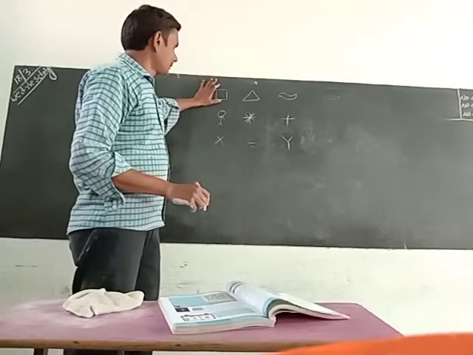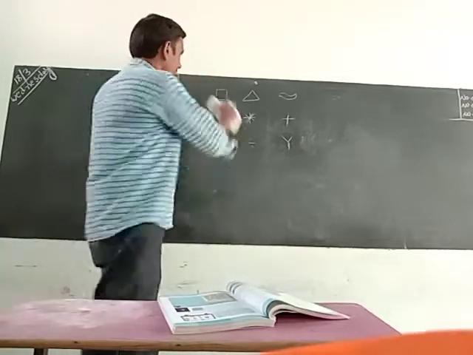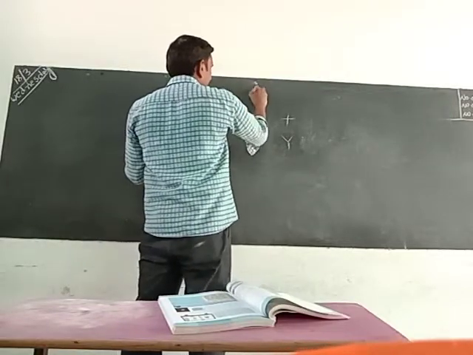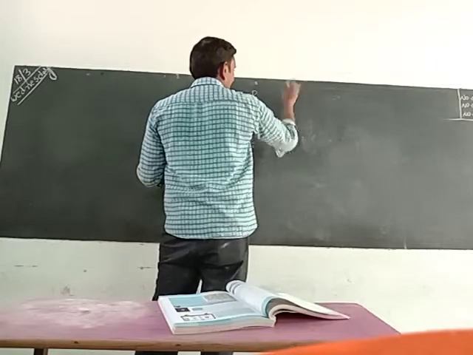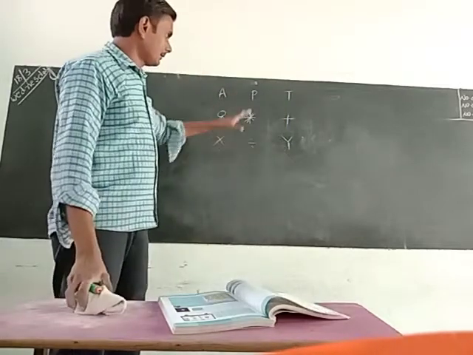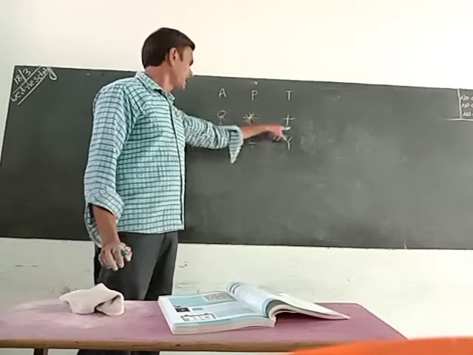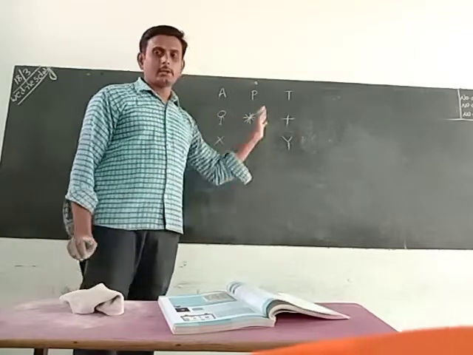Rectangle, square. Other than this, we can take letters also. A, B, C. Like this I have taken here. A, P, D, one picture, star, plus, multiply, division, Y. Okay, I take this one.